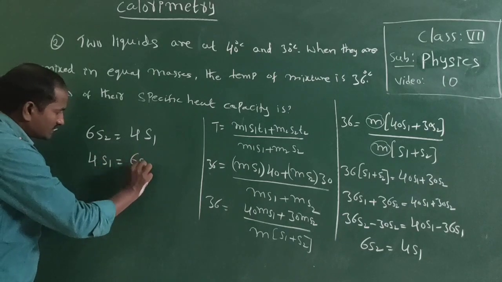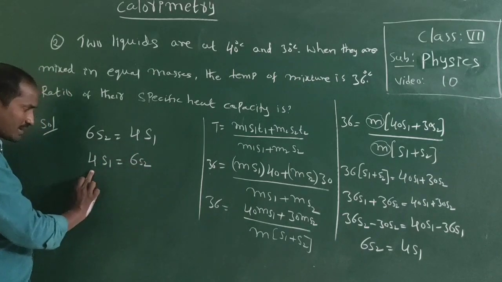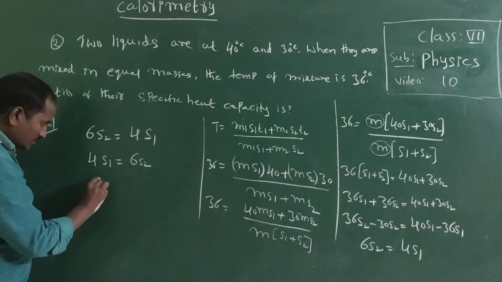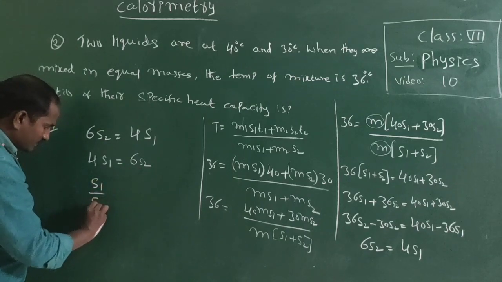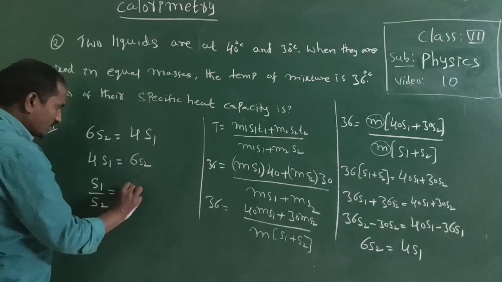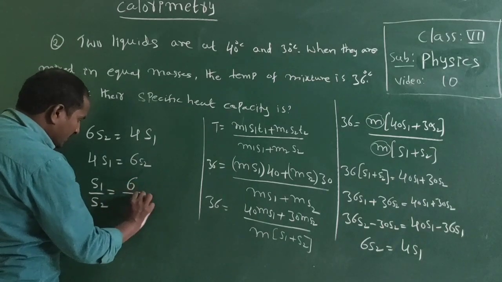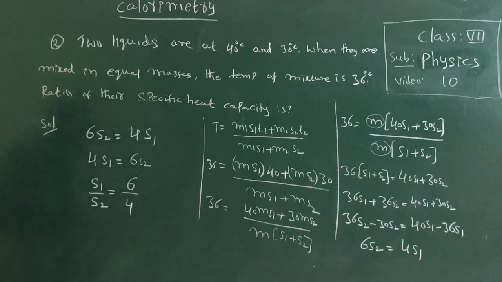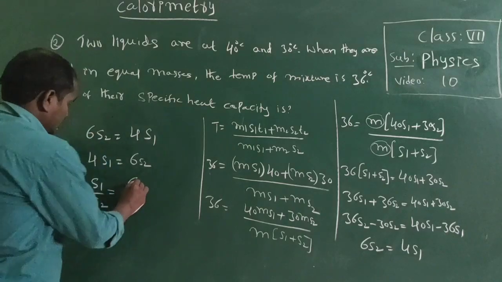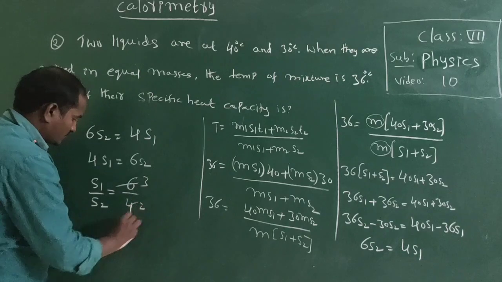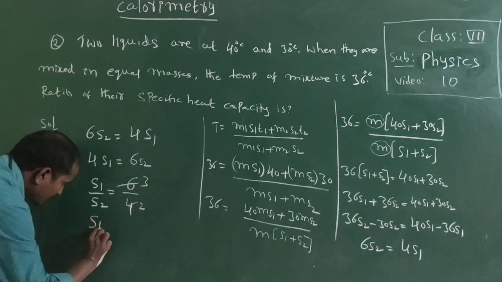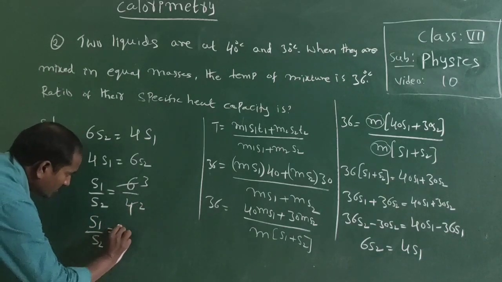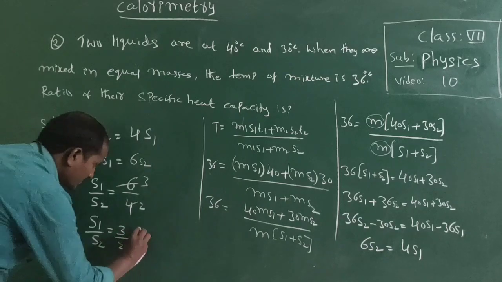4 S1 equal to 6 S2. S2 coming to this side, 4 coming to this side. So here S1 by S2 equal to 6 by 4. Cancelling by 2, S1 by S2 equal to 3 by 2.